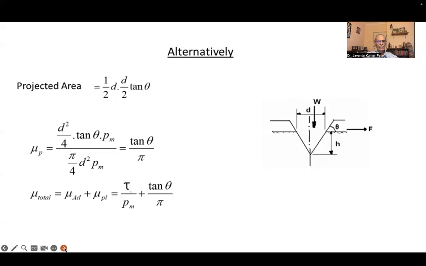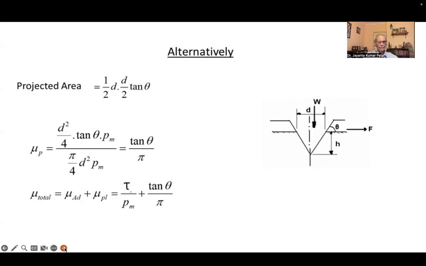So mu ploughing is d squared by 4 tan theta into pm, pm again being hardness, and the vertical load, as before, is pi by 4 d squared pm. This gives tan theta by pi.